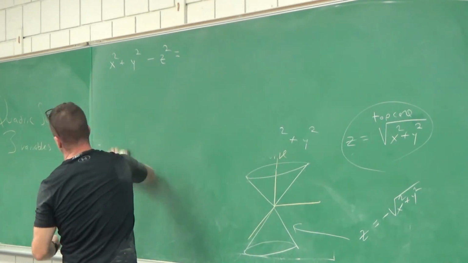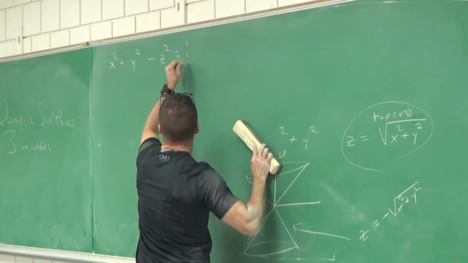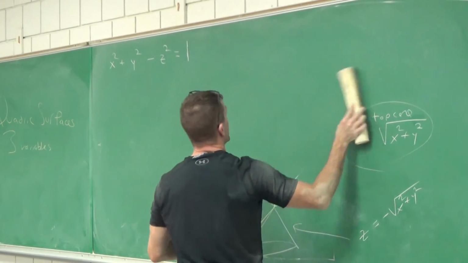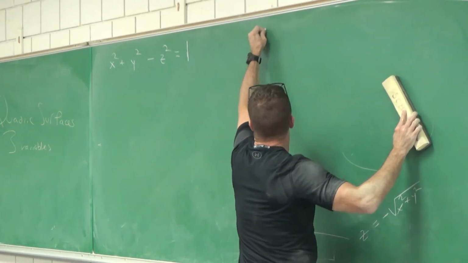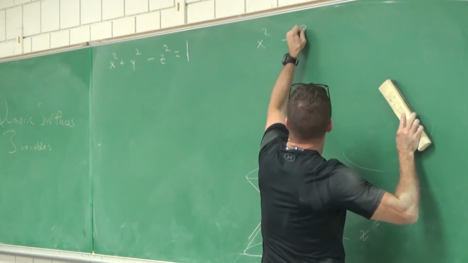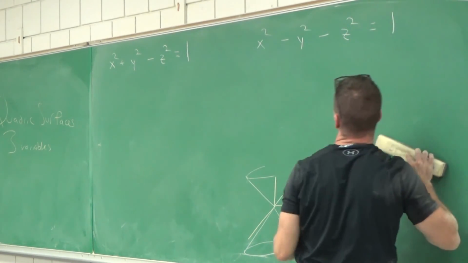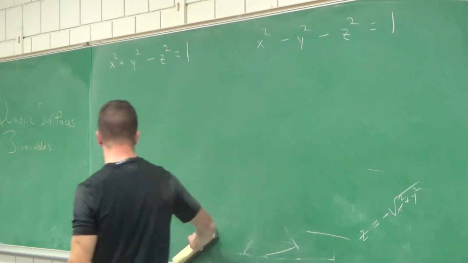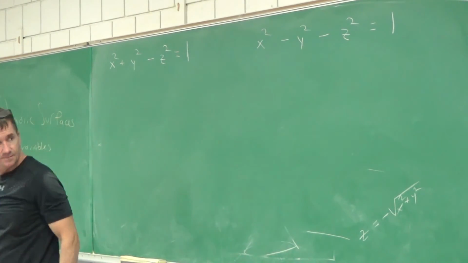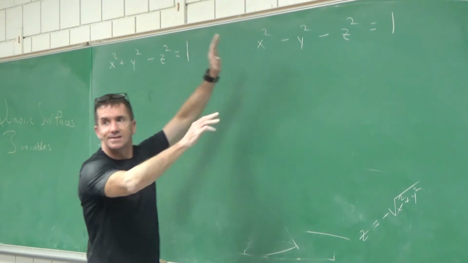Oh, we did the ellipsoid. This is called a hyperboloid. And I'll do it again. Both of these are hyperboloids.